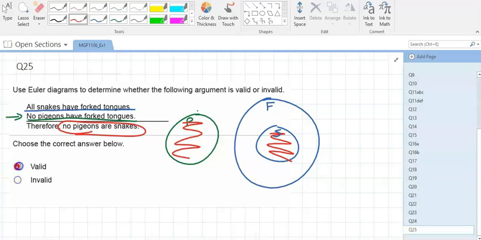This is valid because it is true for all my pictures, even though I only have one picture. Remember on this one, it is possible that you might draw more than one picture. In order to be valid, this final statement has to be true for every single picture. Since we only had one picture, and it was true for that picture, that's why it's valid. And that's your exam.